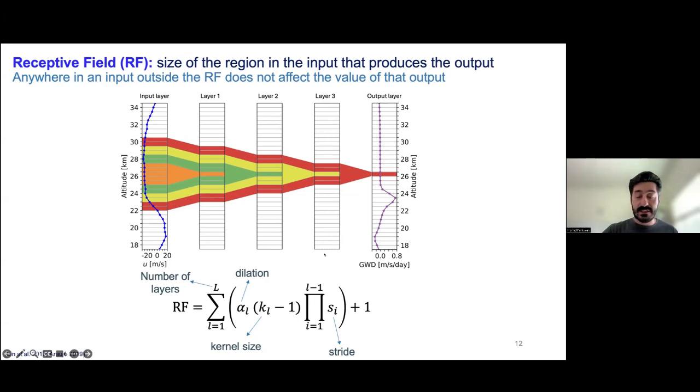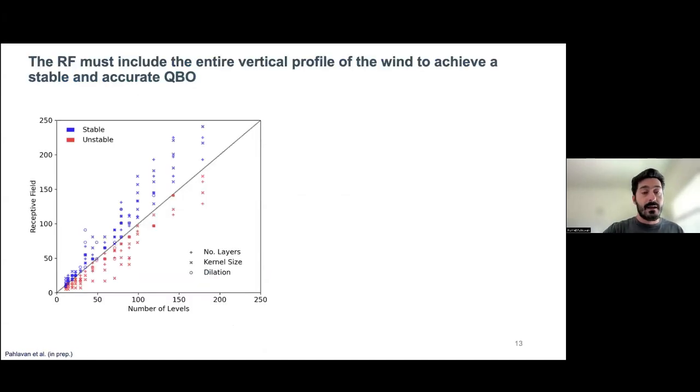So putting these two pieces of information together, we see that for a CNN to be stable, its receptive field has to be greater than the number of levels of the 1D model. In other words, it has to see the entire vertical profile of the zonal wind to be stable.